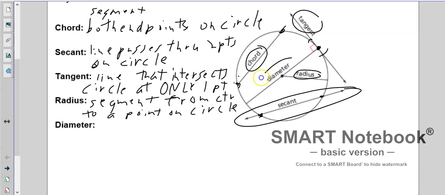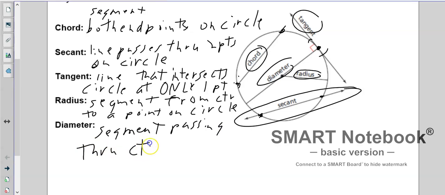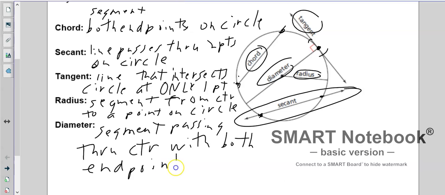So diameter, last one, is a segment, again, passing through the center, with both endpoints on the circle.